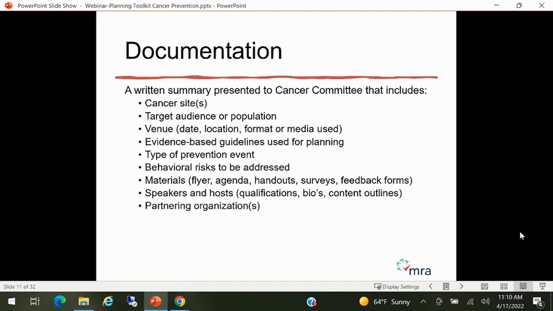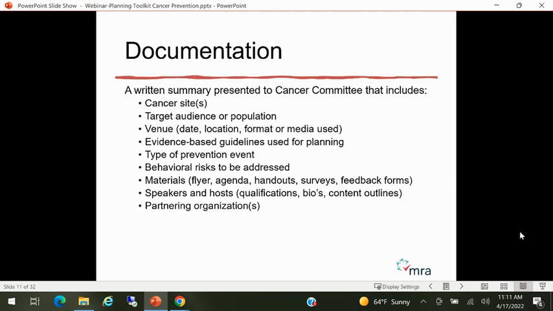at a minimum, it should include what the cancer site was that you focused on, the target audience or population, information about the venue, the date, the location, the format or the media that was used, the evidence-based guidelines that were used for planning, the type of prevention event, the behavior or risks that were addressed, and the materials that were used or handed out to the participants: flyers, agendas, handouts, surveys, feedback forms.